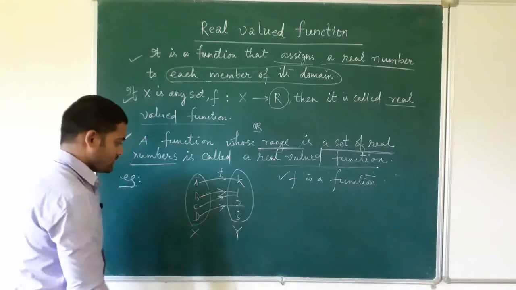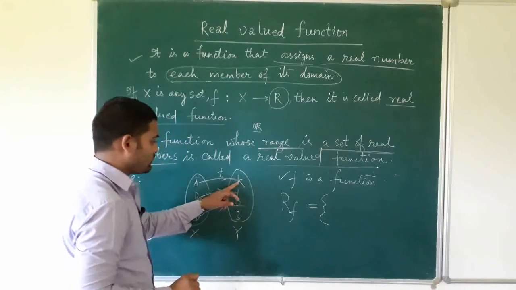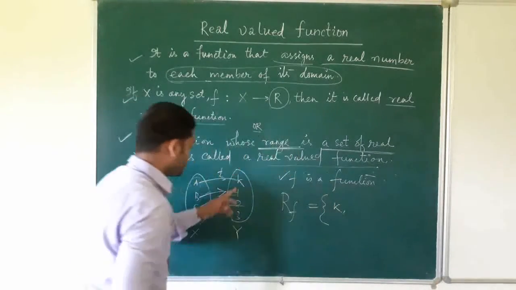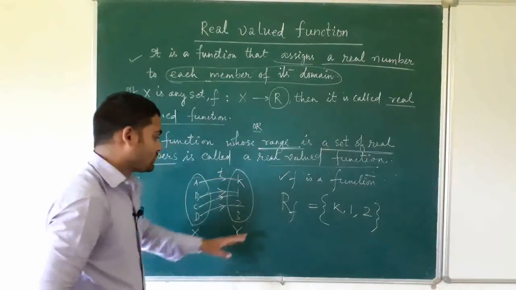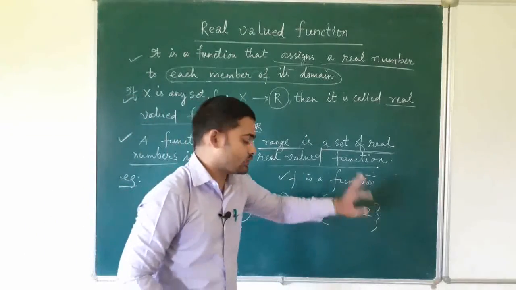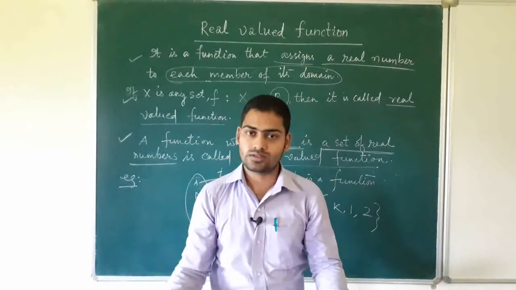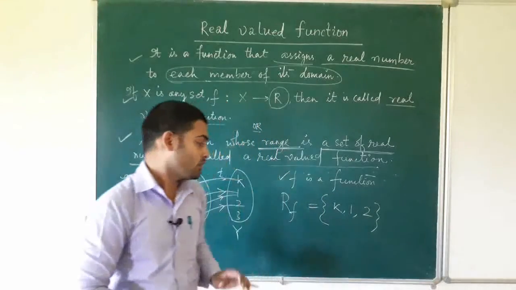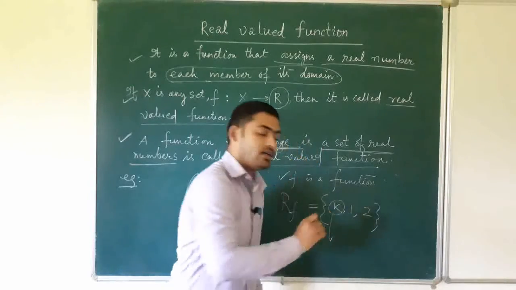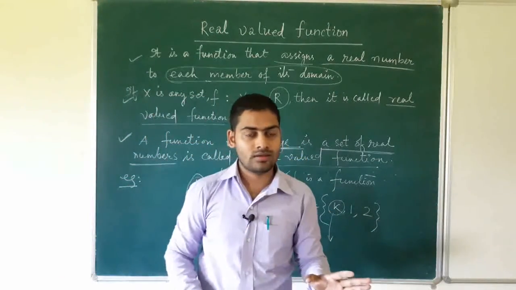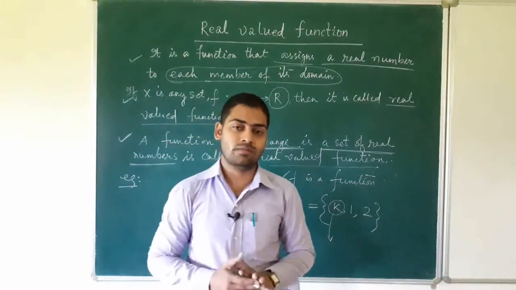So friends, the range of function f contains k, 1, 2. 1 and 2 are real numbers, yes or no? Yes. But now think about k.